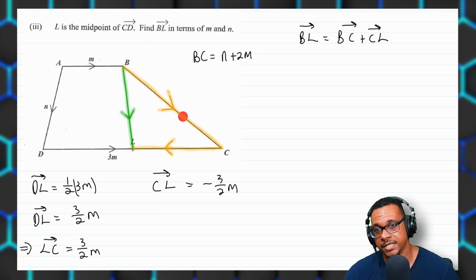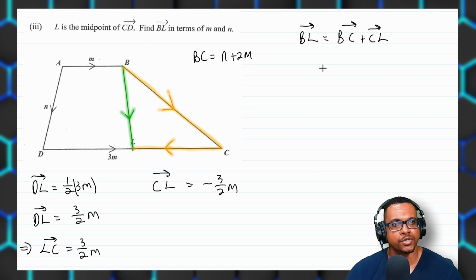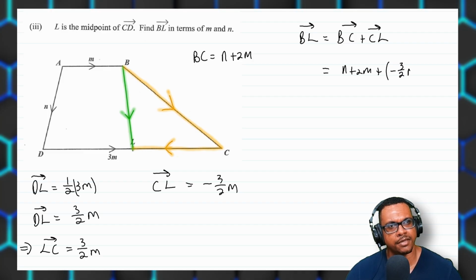So you can see BC plus CL will be equal to the vector BL. Now we already have BC as N plus 2M, and we have the vector C to L as negative 3 over 2 M. So we're going to have BC, which is N plus 2M, plus CL, which is negative 3 over 2 M. So we're going to have N plus 2M take away 3 over 2 M. We can just work this out on the calculator.